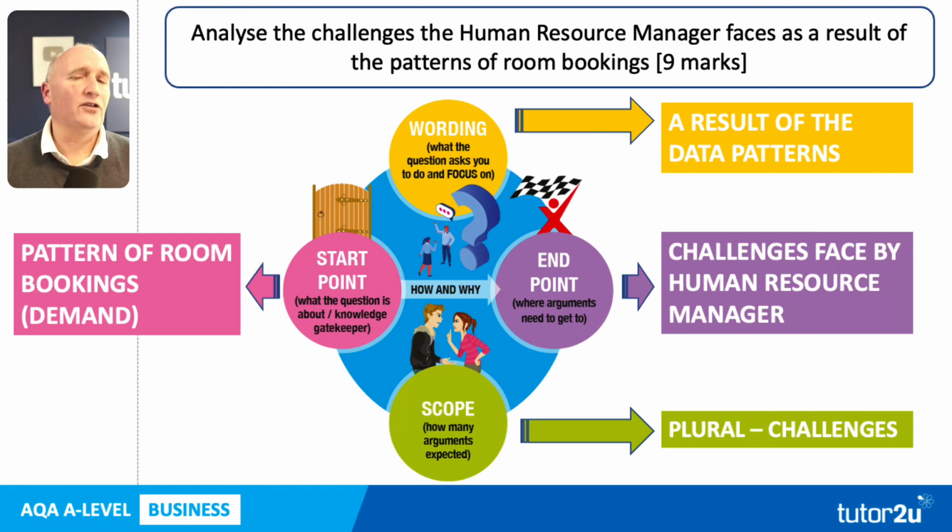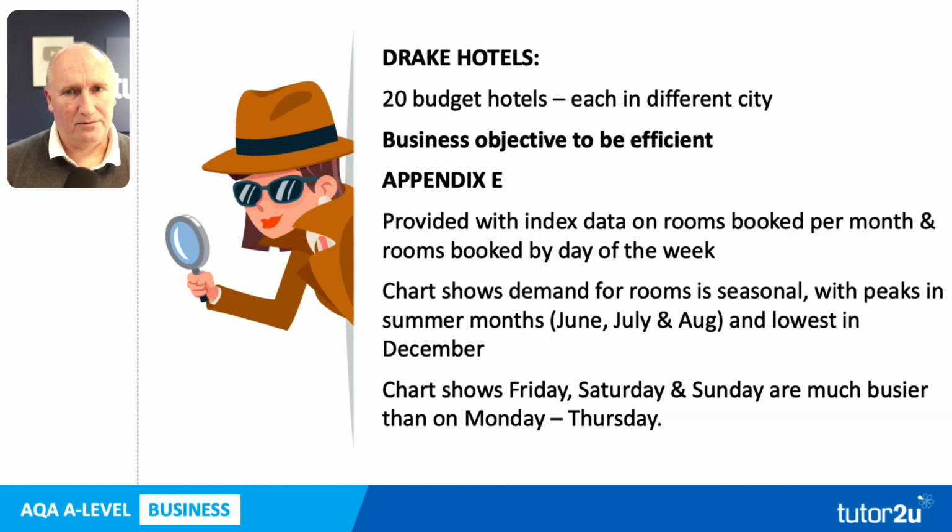So we need to focus on the consequence of the data, the patterns that the data is showing and how that creates a challenge. And of course, with this, we're going to need two, aren't we? Because we're asked to analyze the challenges. Two challenges, and as it turned out, there were two pieces of the data, which made it really easy to analyze one piece of data first and then the next.